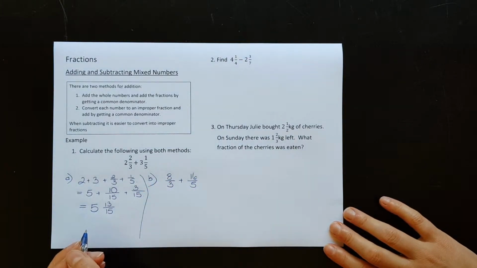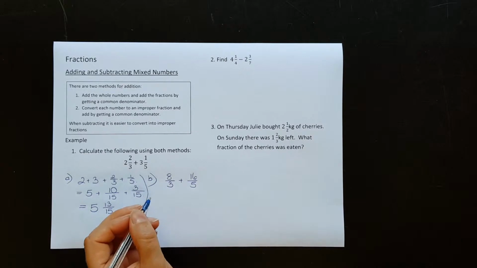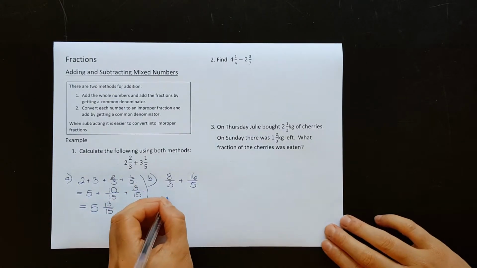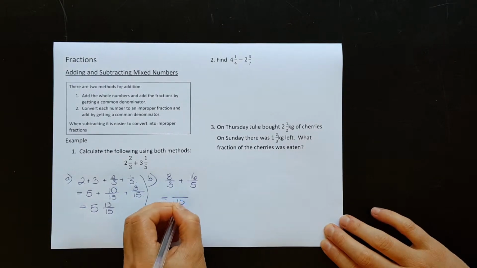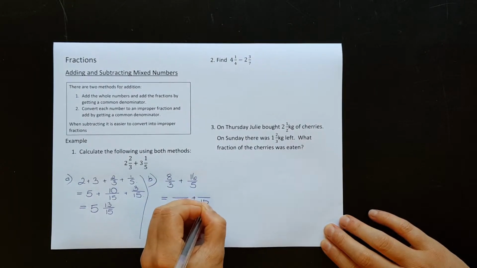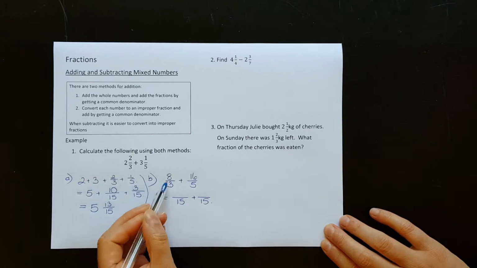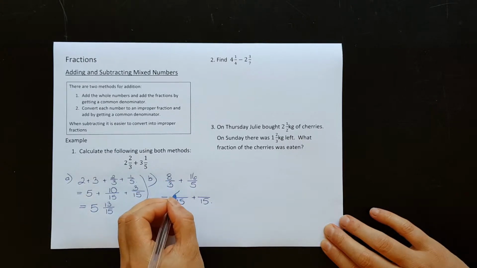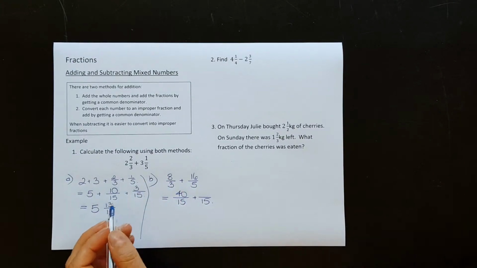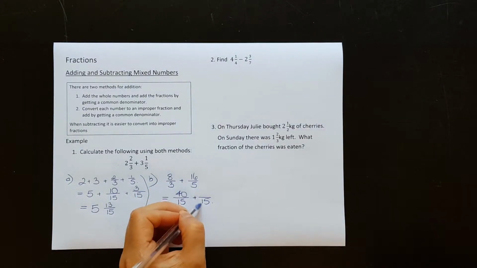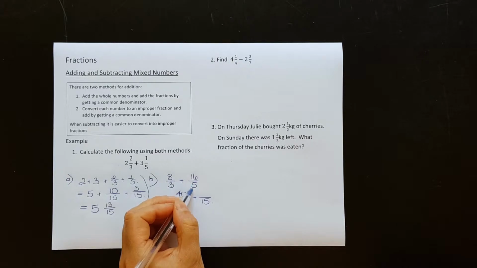Then we need to get a common denominator of 3 and 5, which is 15. So underneath, two fractions with 15 on the denominator. 3 must be multiplied by 5 to get to 15. So I have to multiply 8 by 5, which is 40. 5 has to be multiplied by 3 to get to 15, sorry.